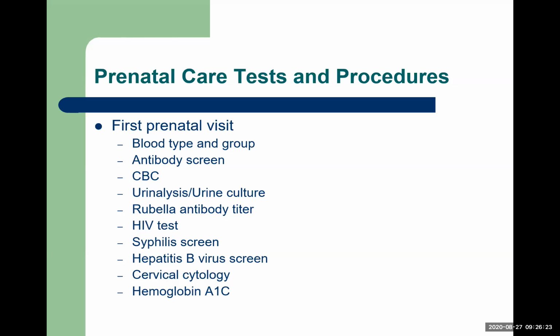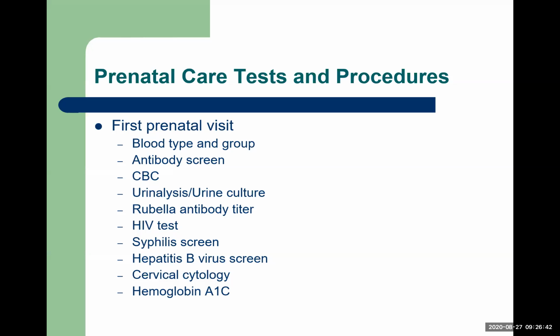We also get a syphilis screen, and particularly in this county, we repeat our syphilis screen, as you know, in the 3rd trimester, due to the incidence of congenital syphilis in our population. So very important screen and treatment during pregnancy.